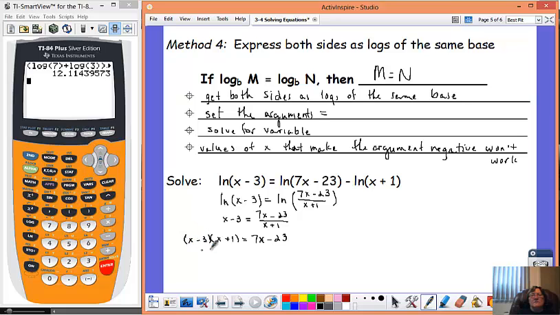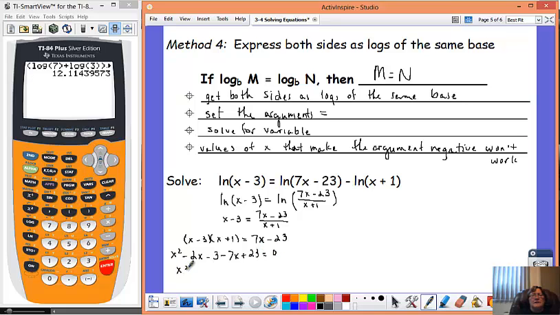I'm going to like FOIL: x times x is x squared, x times 1 is 1x, here's minus 3x, that's a total of minus 2x, minus 3 times 1 is minus 3. That square's not going away. Let's just subtract the 7x while we're at it and add 23, so we get everything over on the same side.